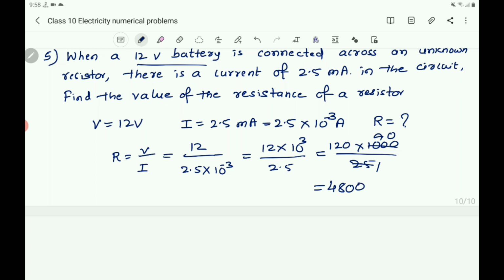That is 4800 ohms. What is the resistance of the resistor? Resistance of the resistor is 4800 ohms. Here we completed some examples on Ohm's law.